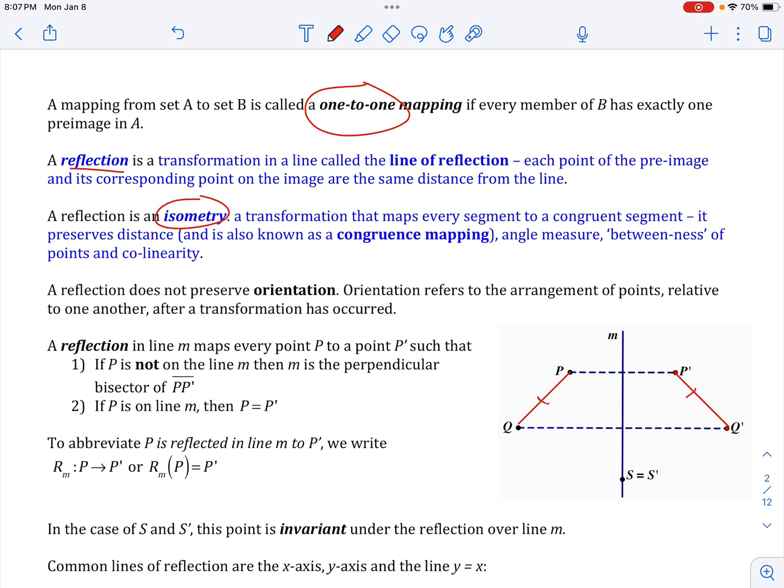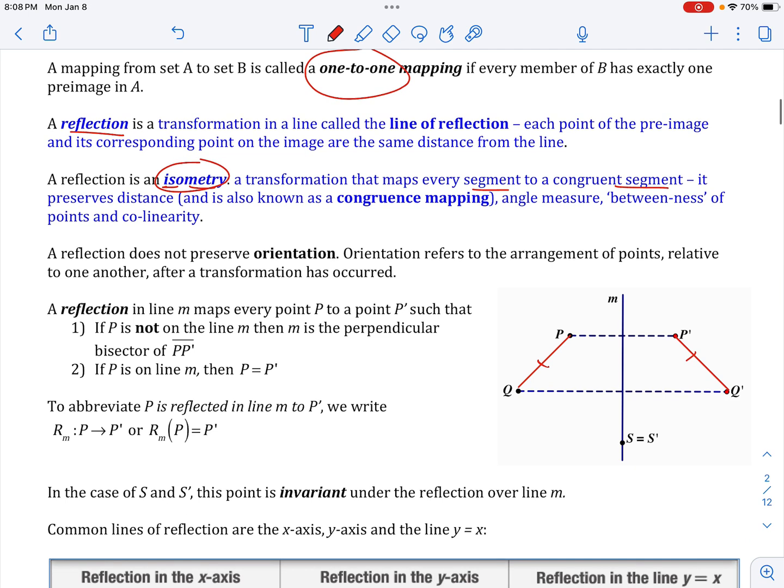Because that is a consequence of reflections, we say a reflection is an isometry. It means same measurement. So in other words, a distance before a reflection is the same as the distance after a reflection. It means every segment is mapped to a congruent segment. It preserves distance. It's called an isometry.